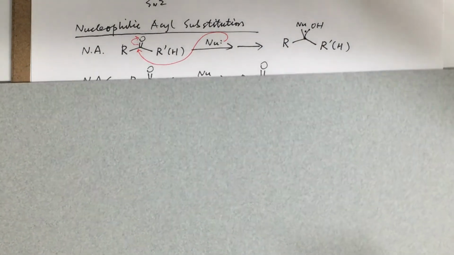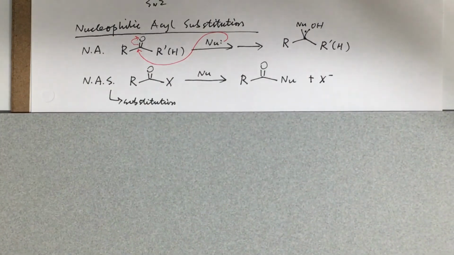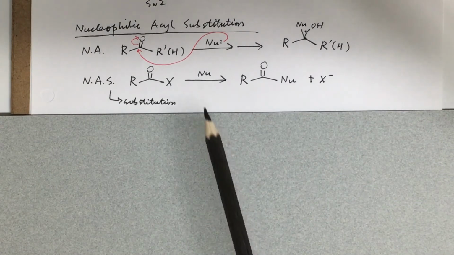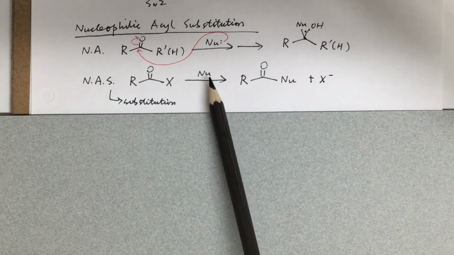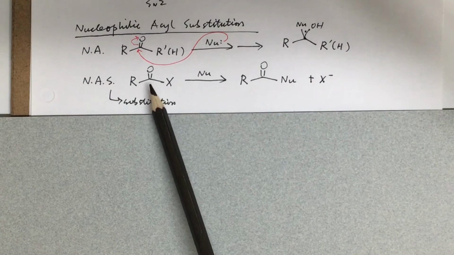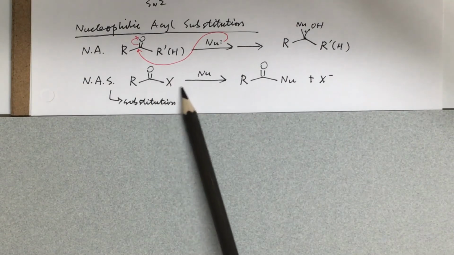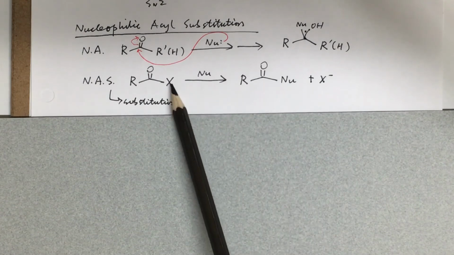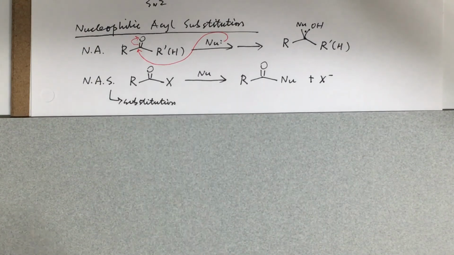The nucleophilic acyl substitution reaction occurs when a carboxylic acid or its derivative reacts with a nucleophile, and the nucleophile attacks the carbonyl carbon first, but eventually the leaving group is removed. A nucleophile is substituting the leaving group.